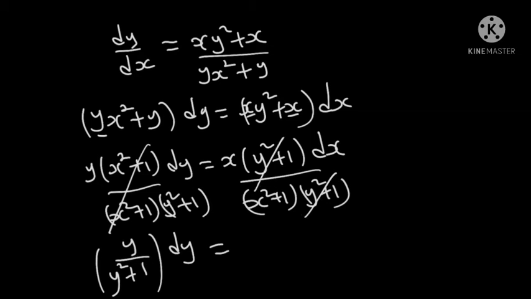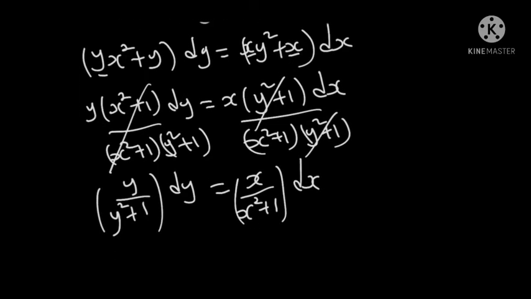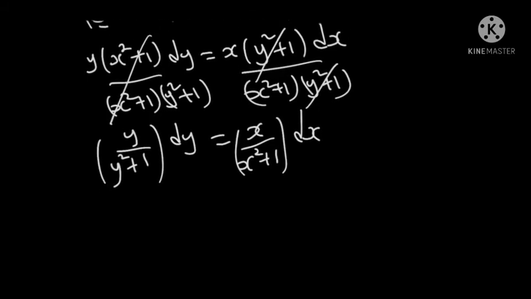This and this will cancel, and we remain with x over x squared plus 1 dx. Now, since we have been able to separate the y variable from the x variable, we can now integrate both sides to get the required solution.